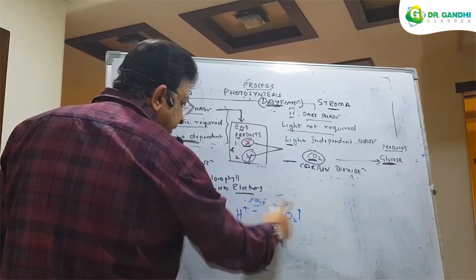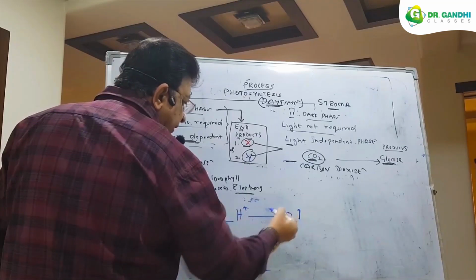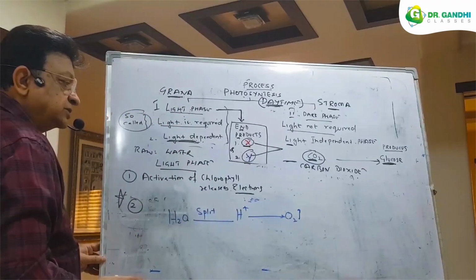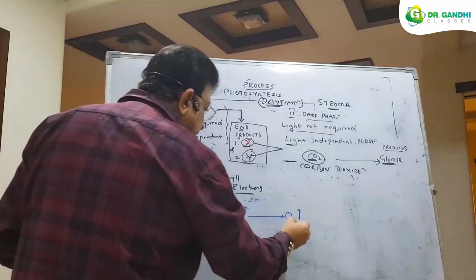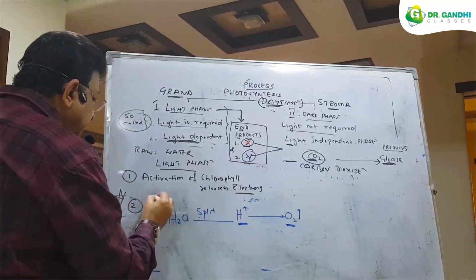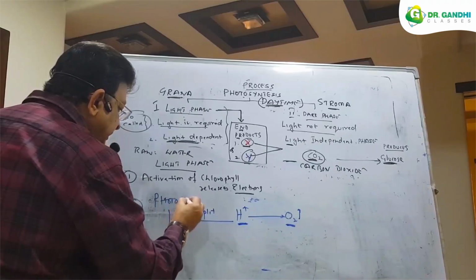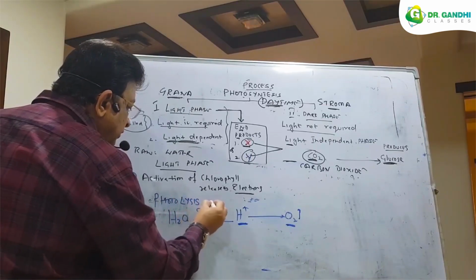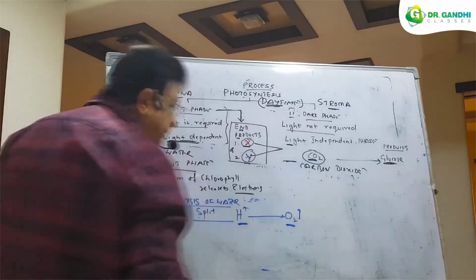Oxygen gets released, water gets recycled. What is this process known as? Splitting of water to hydrogen with the release of oxygen is called, light is used, therefore called photo, to split is called lysis, photolysis of water.